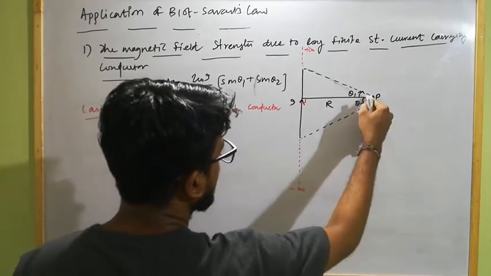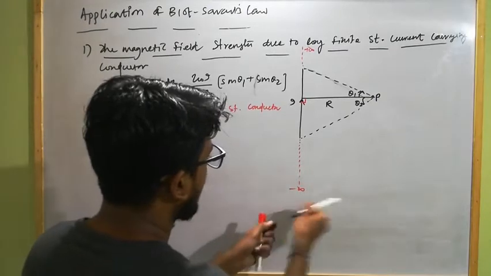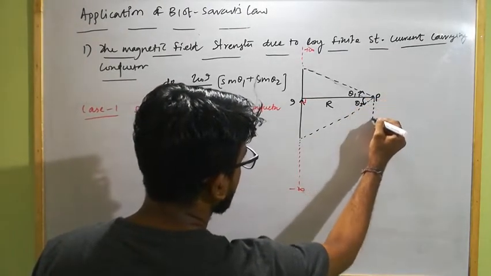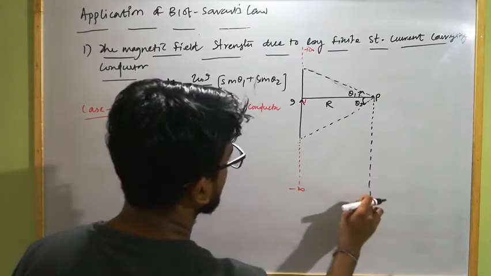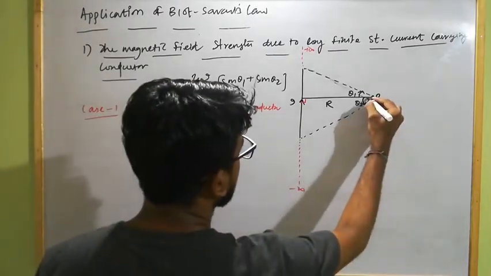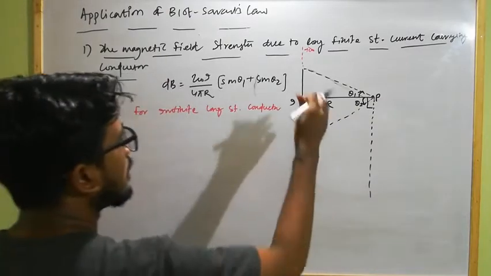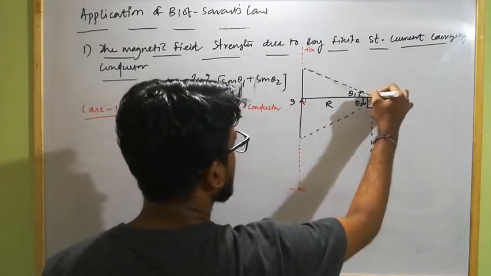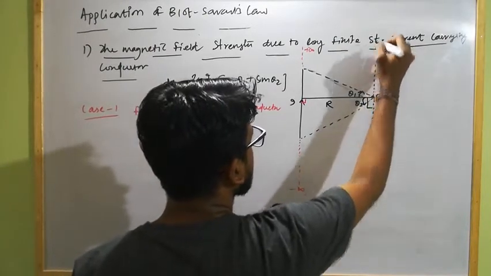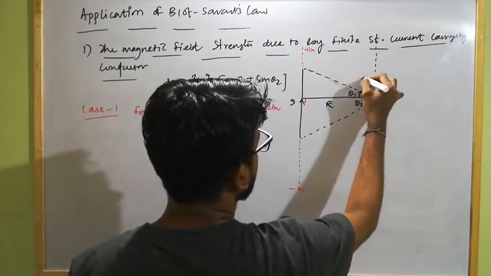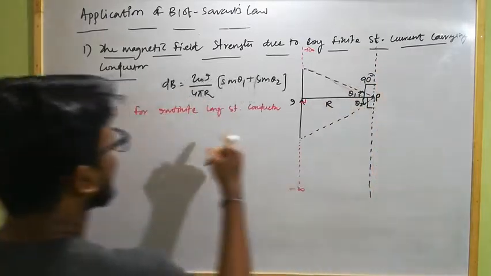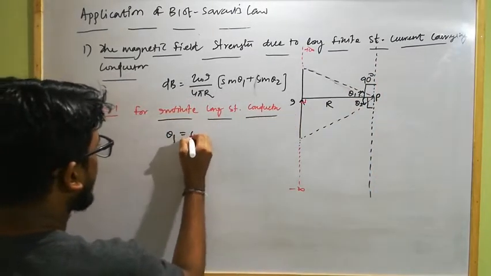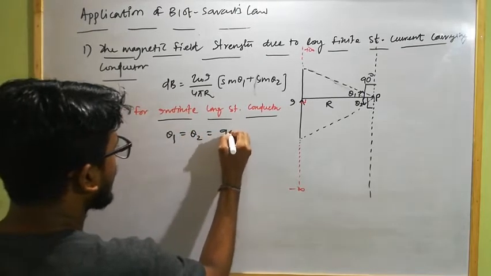So this angle theta 2 is gradually increasing and these two will meet at infinity, so this angle will become 90 degrees. Similarly, when this end reaches infinity, this angle theta 1 also becomes 90 degrees. So for an infinite long straight conductor, theta 1 equals theta 2, which is equal to 90 degrees.